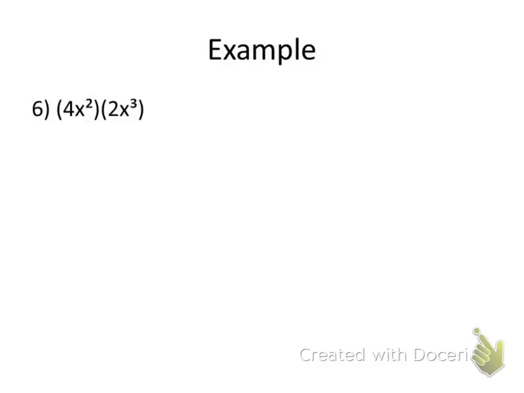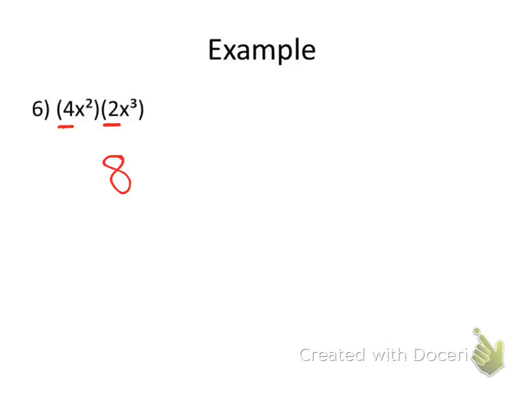Now, coefficients are just regular old numbers. This is a regular old 4 times a regular old 2. What is 4 times 2? 8. You have a regular sized 8 at the beginning of this problem.